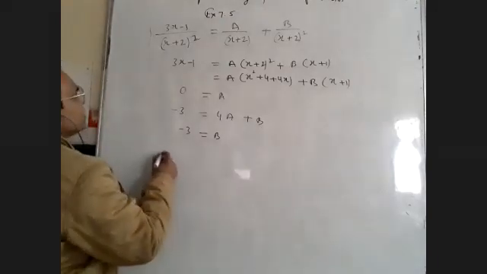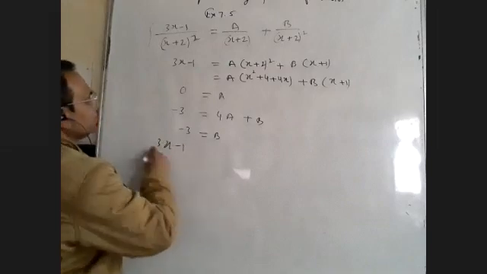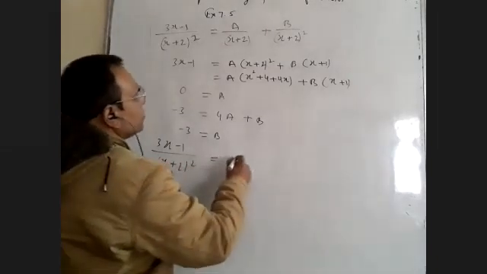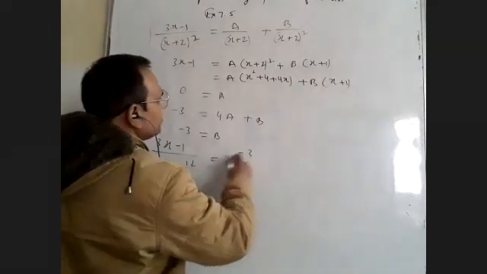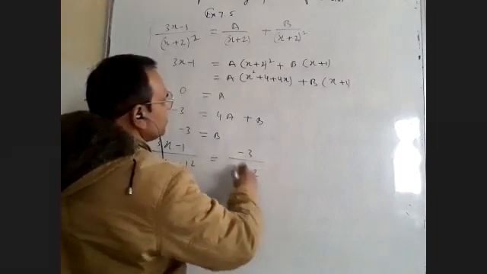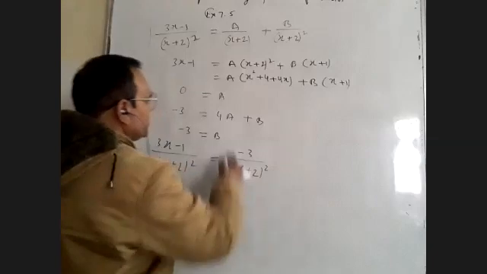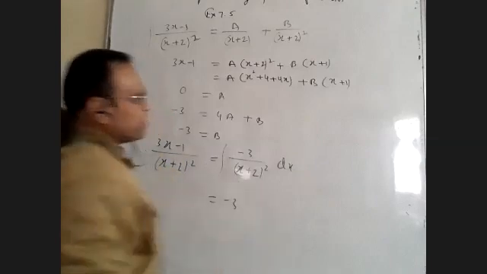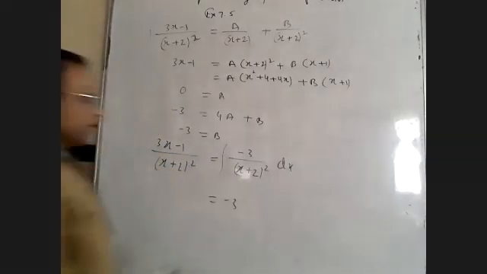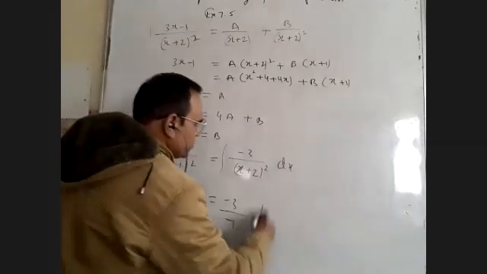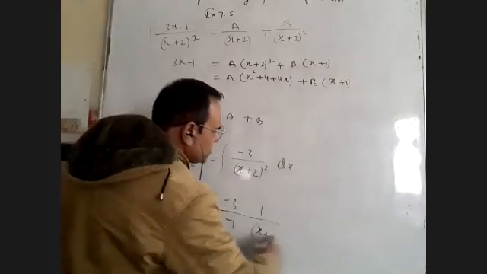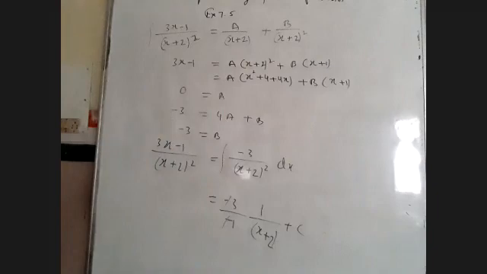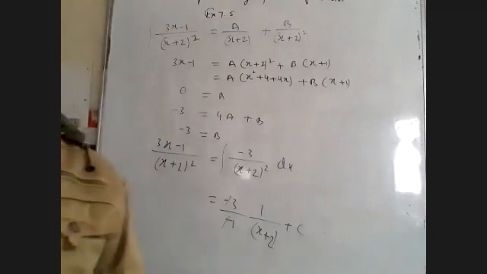We get 3x minus 1 divided by x plus 2 whole square equals minus 3 upon x plus 2 the power 2. To integrate this expression, it becomes minus 3 times x plus 2 the power minus 2. If we add 1, it becomes minus 1 divided by minus 1 upon x plus 2, plus c. So minus and minus cancel, so 3 into 1 upon x plus 2. This integration is complete now.